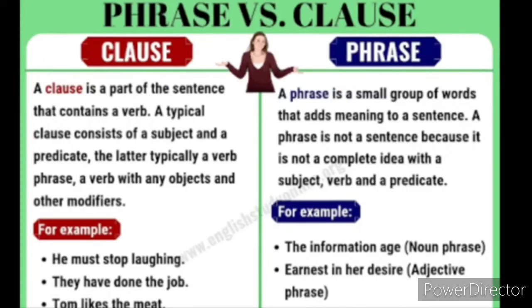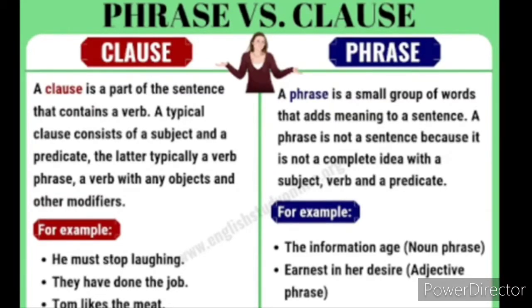Children, look at the examples given below for phrase. See the first one. The information age. Is there any meaning, children? Is there any subject or verb? No. So then it is known as phrase. Look at the second one here, children. Earnest in her desire.